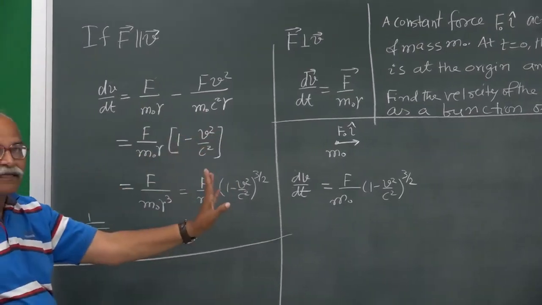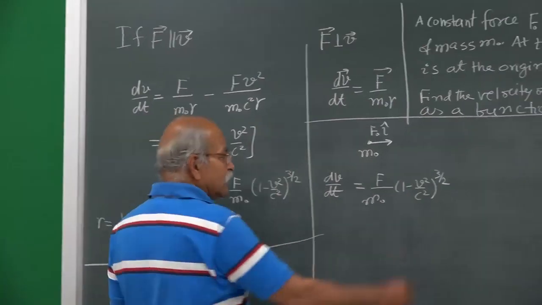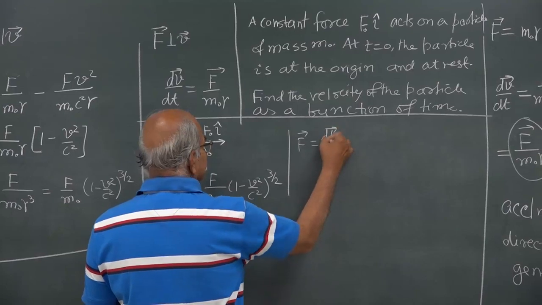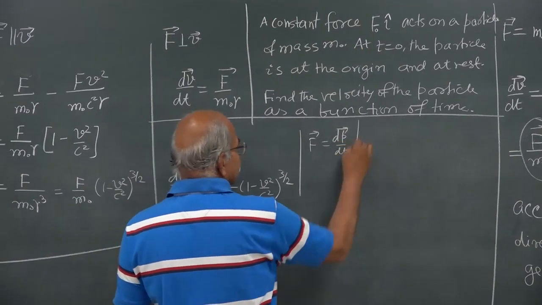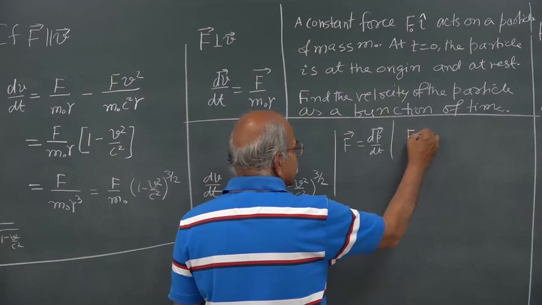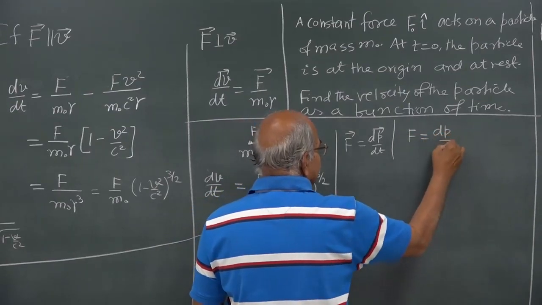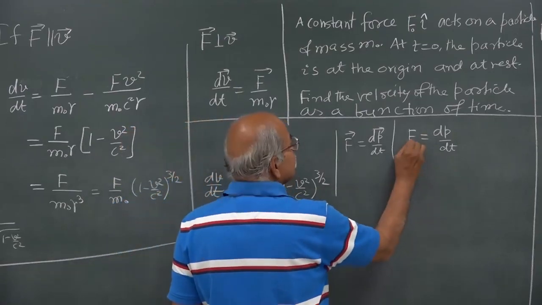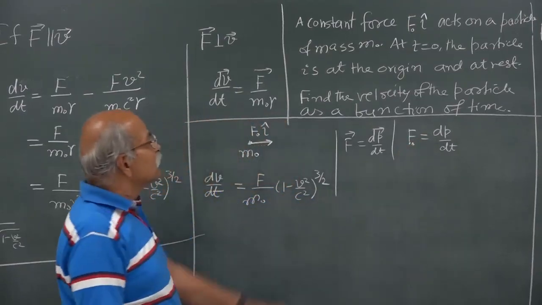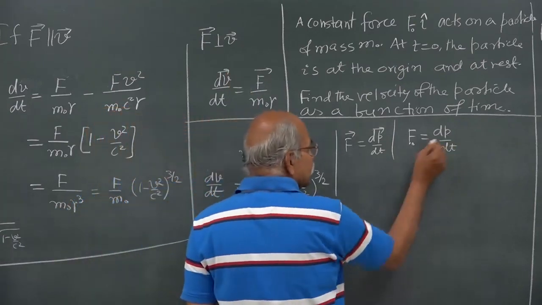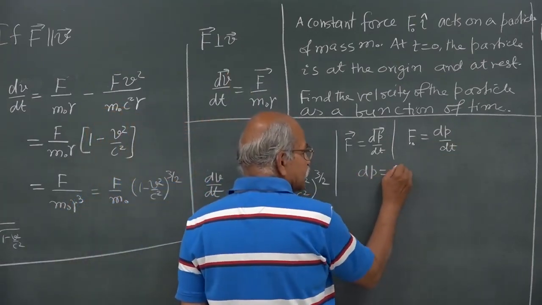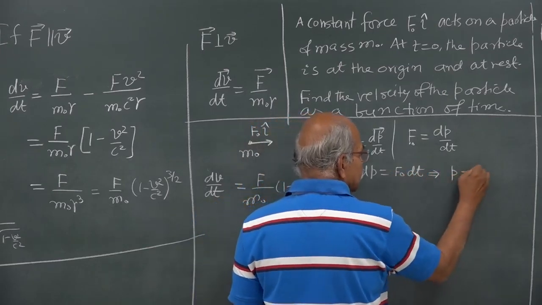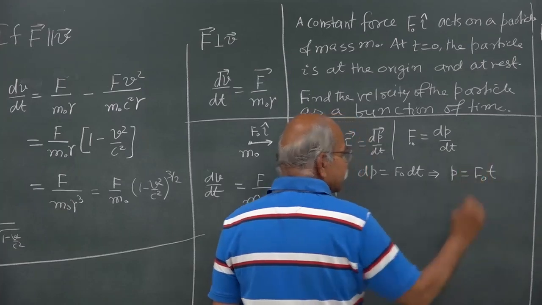From here you can obtain velocity as a function of time, but I will be taking a simpler route. Let me write F as dp/dt, and since everything is in the x direction, F is just dp/dt. This F is constant, F naught, and therefore dp is just F naught dt, and hence P is F naught times t.